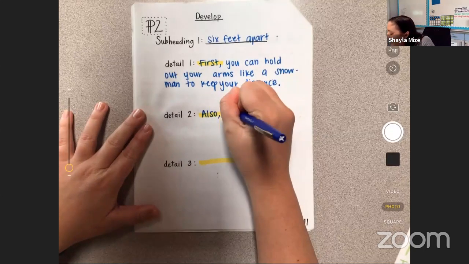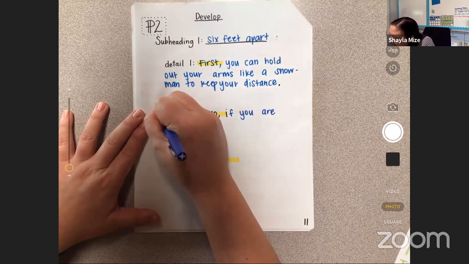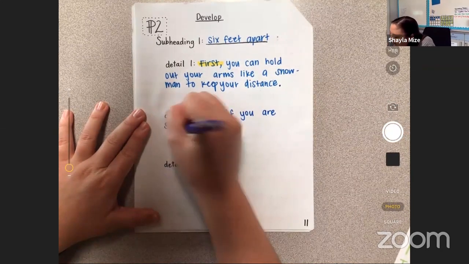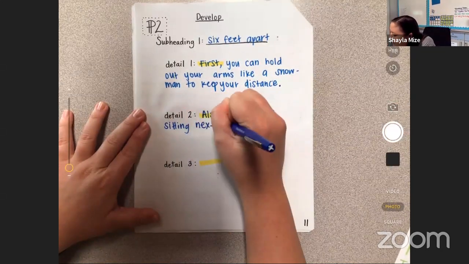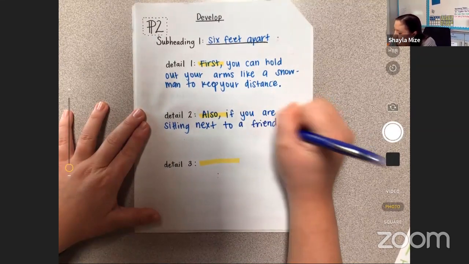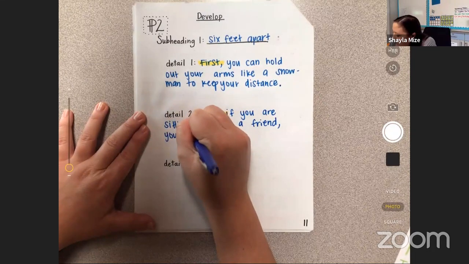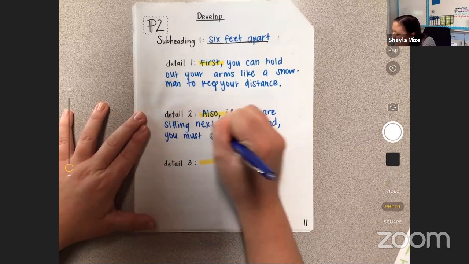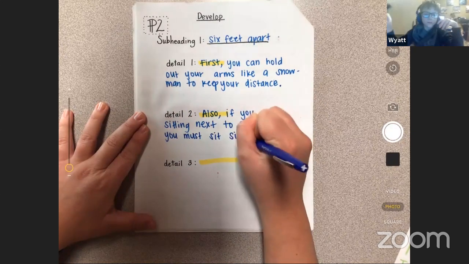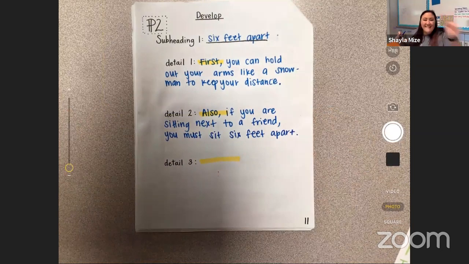Also, if you are sitting next to a friend, comma, you must sit 6 feet apart. There is my second detail.